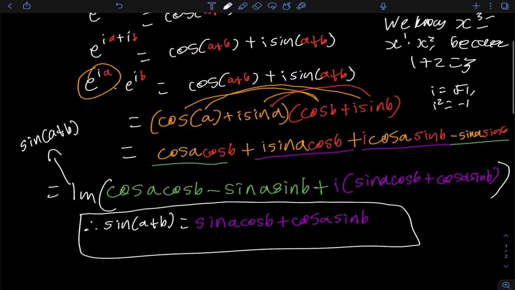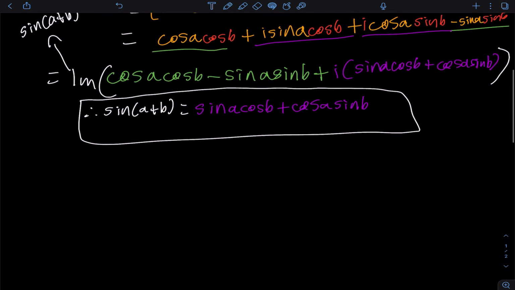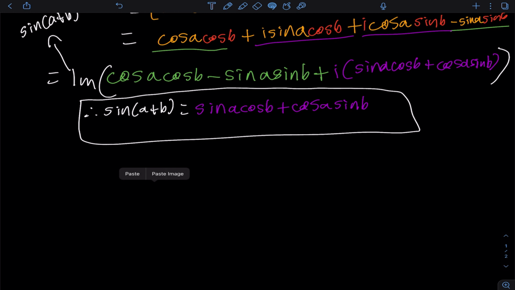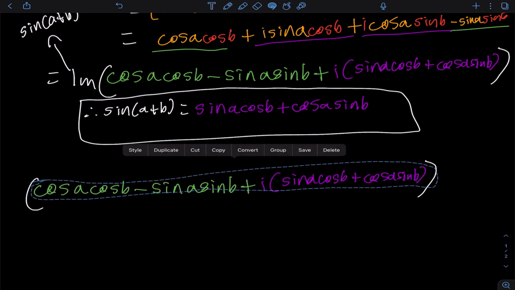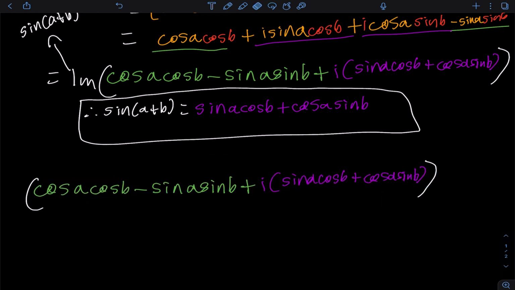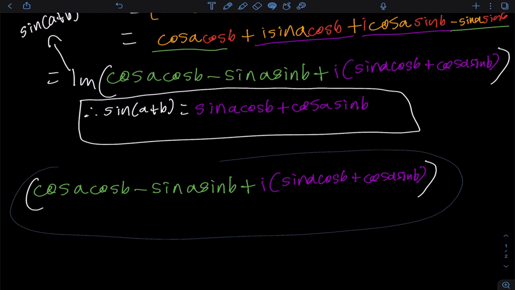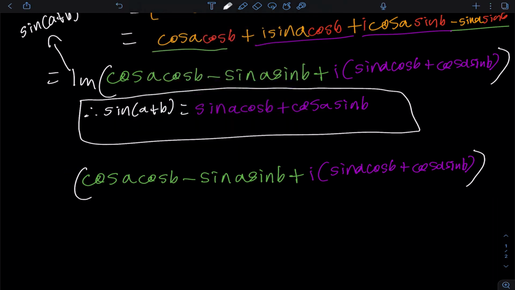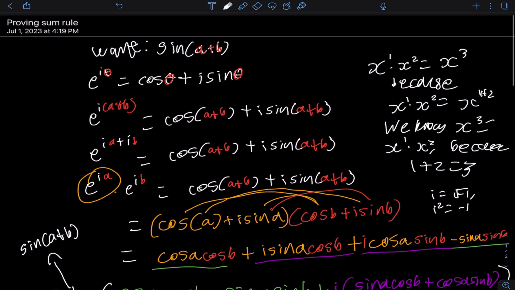And we can get cosine very easily by just getting this expression right here, copying this and bringing it here. Taking the real part of this entire expression will result in the cosine of A plus B, because we saw that that is what we computed earlier.